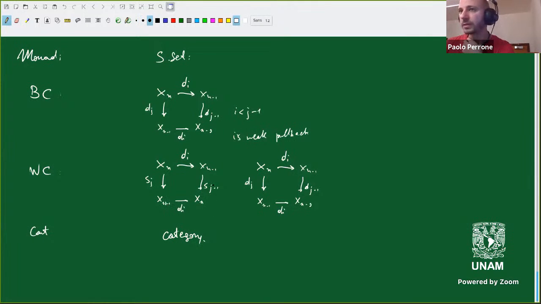Is this correct? I believe this is correct. And the one here would have to be the other one. So s_j, s_j, and here we have d_{i+1}. Yeah. These two are weak pullbacks. And that one too. Okay, because the weakly Cartesian is stronger than BC. This is something that we call inner complete.